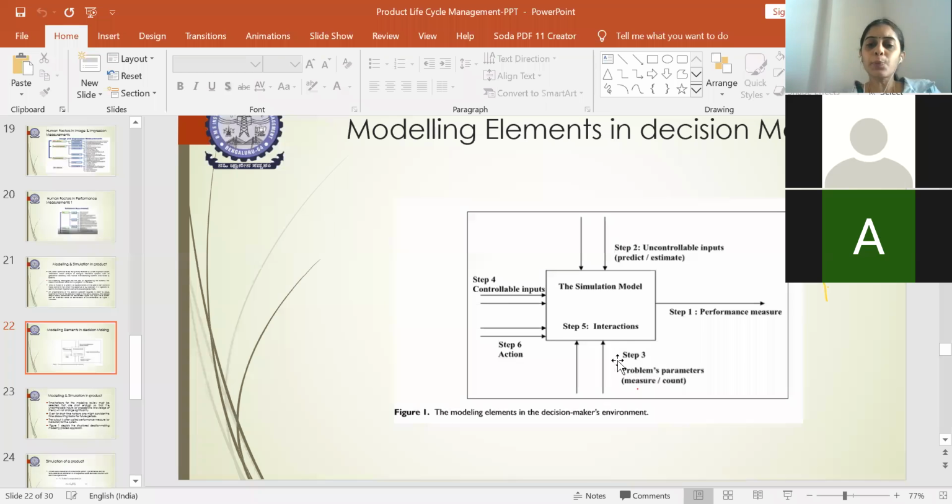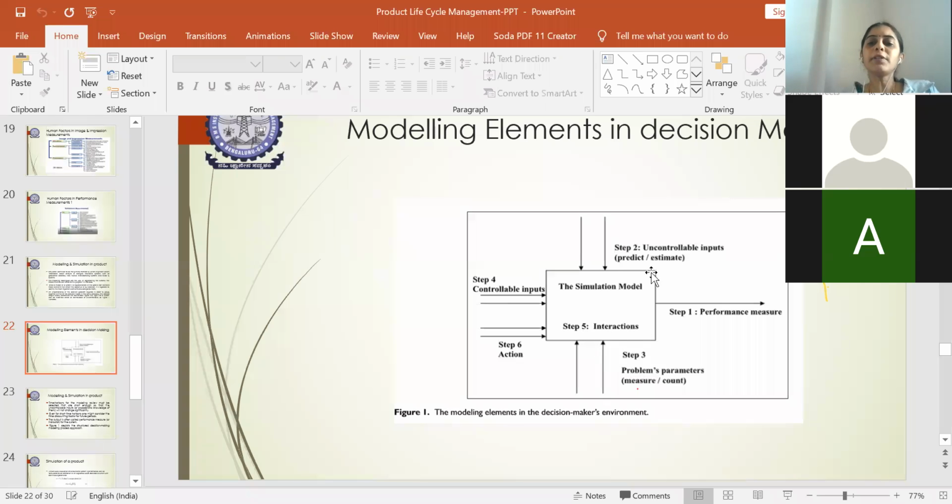Okay, so when this problem measurement is being controlled, it goes for controllable inputs. Controllable inputs will work in a smooth way, so there will be no problem parameters associated with them. Once step 4 is assigned with controllable inputs, it goes for the interaction.